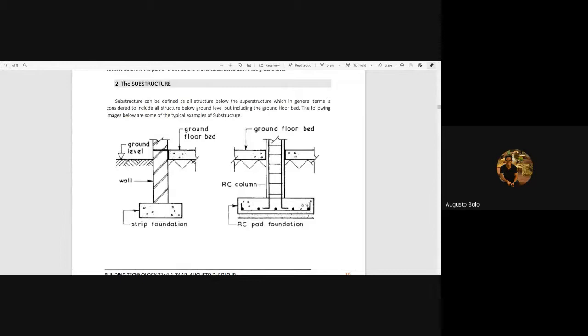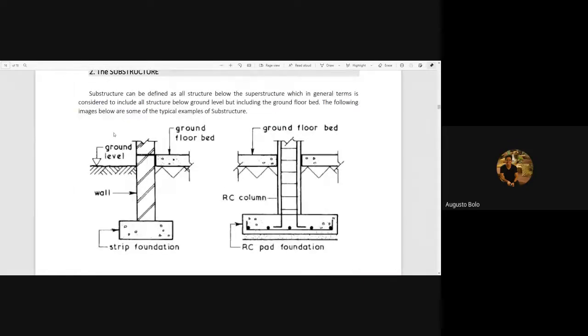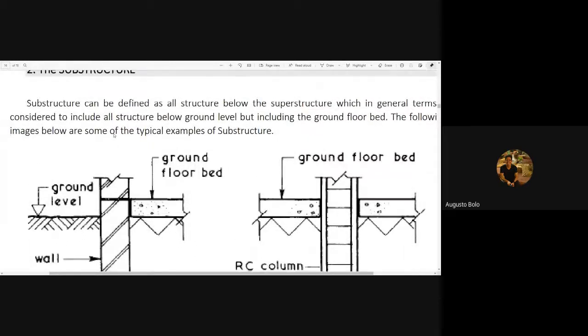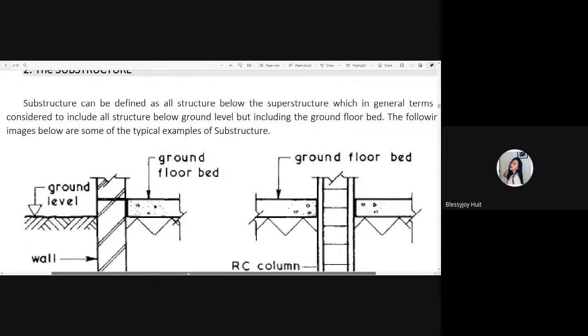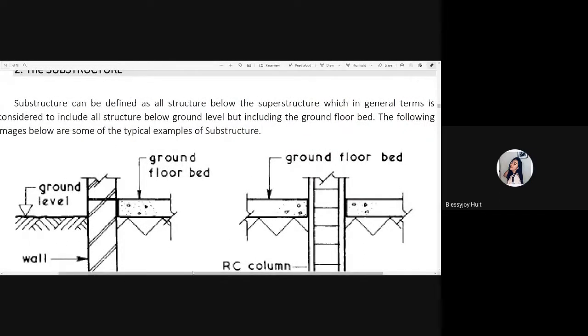Blessy Joy, kindly read, please. Substructure can be defined as all structure below the... Sir, I can't see it clearly po. Sorry. Hold on for a while. I'll zoom it. Ayan.